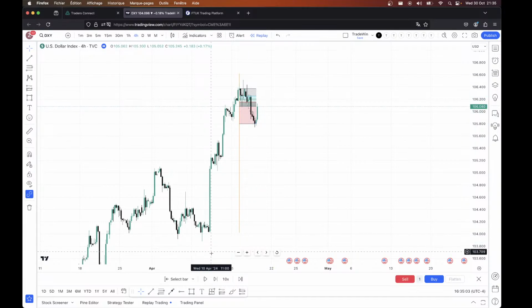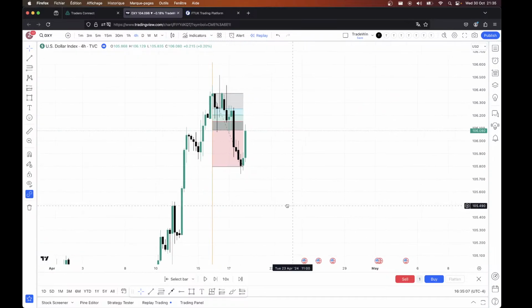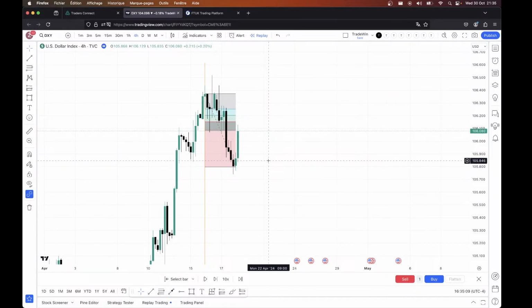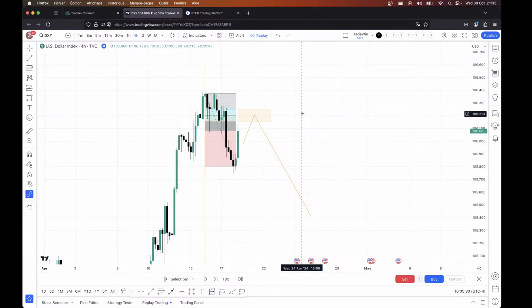I don't take into account wicks. Doing that again, you could see that. Good. So here, if the trend confirms to be down, I'm expecting price to come into the OTE zone and get rejected. This would validate my descending trajectory.